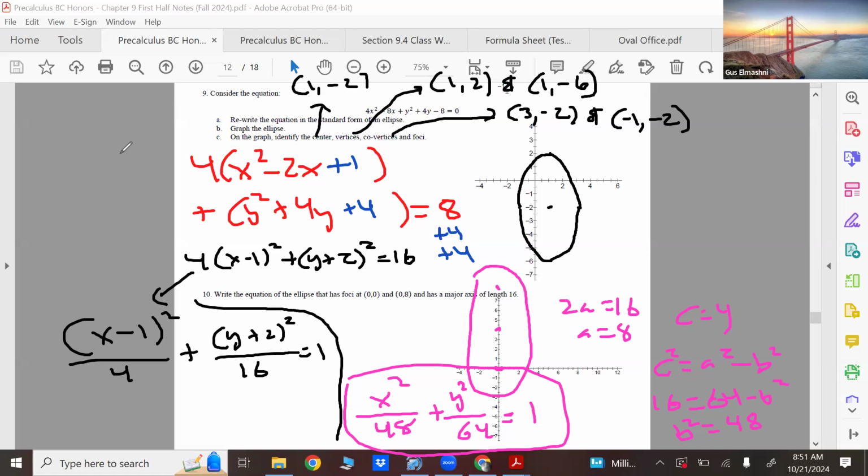For 10, obviously you can't do an accurate graph because the scales don't quite fit that. That's all good. Center's at 0, 4. Oh, yikes. Sorry about that. Should be y minus 4 squared. My apologies. Just realized that. Almost perfect.